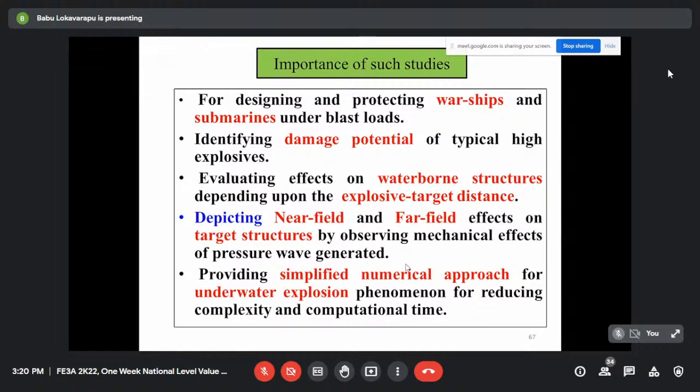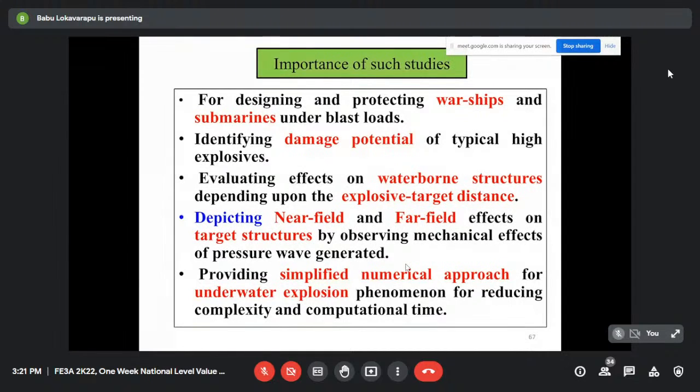So here, out of three things we have taken: SEP, TNT, PETN. TNT has a detonation velocity of 6,900 meters per second. It travels at very high speed once it is initiated, once the explosion is initiated. And PETN has almost 8,500 meters per second.